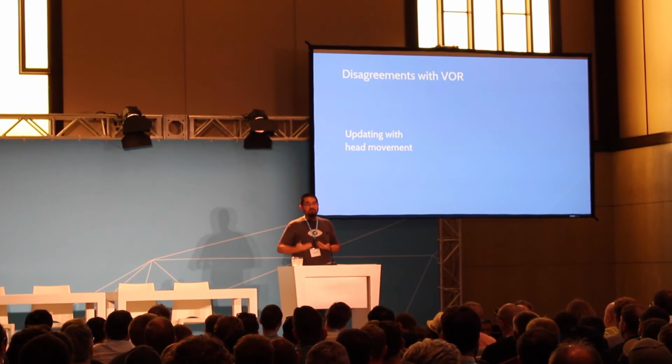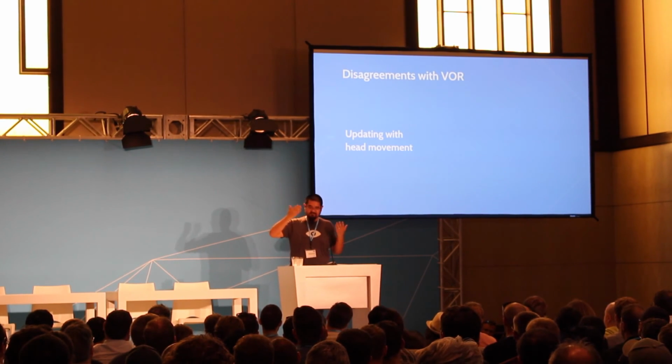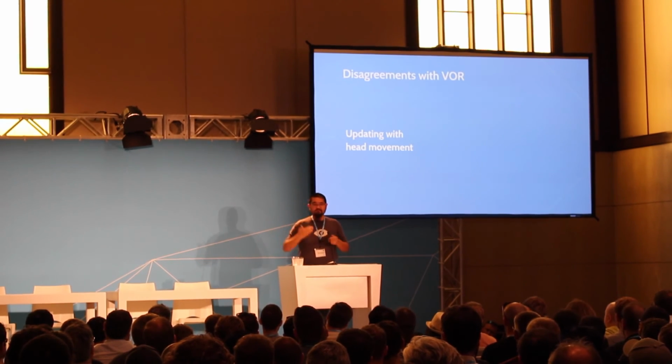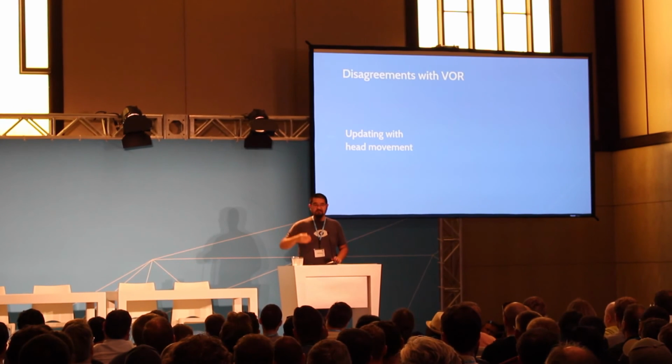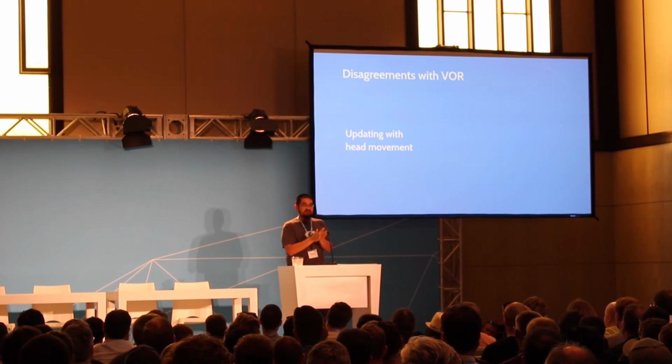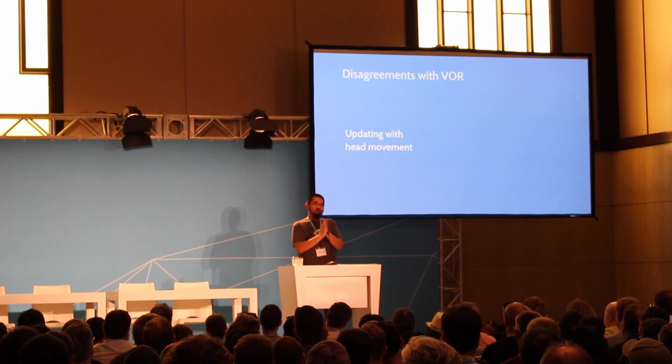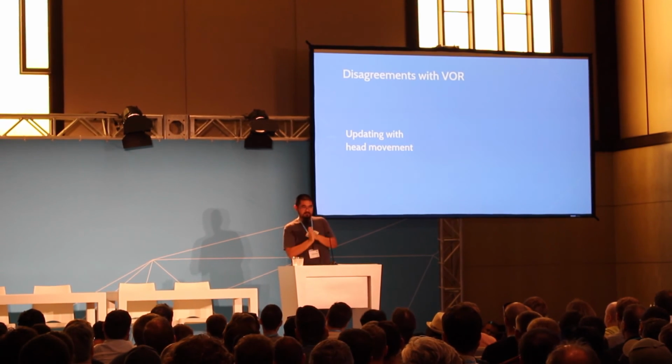But when you're in the Rift, you have a screen glued to your face, well, not literally glued, but you have a screen right in front of your face. And if I turn my head to the right, the screen is still in front of me. So now in order for the visual information in front of me to stay in front of me, I have to update the display to move it to the left. Or to the right, I guess.